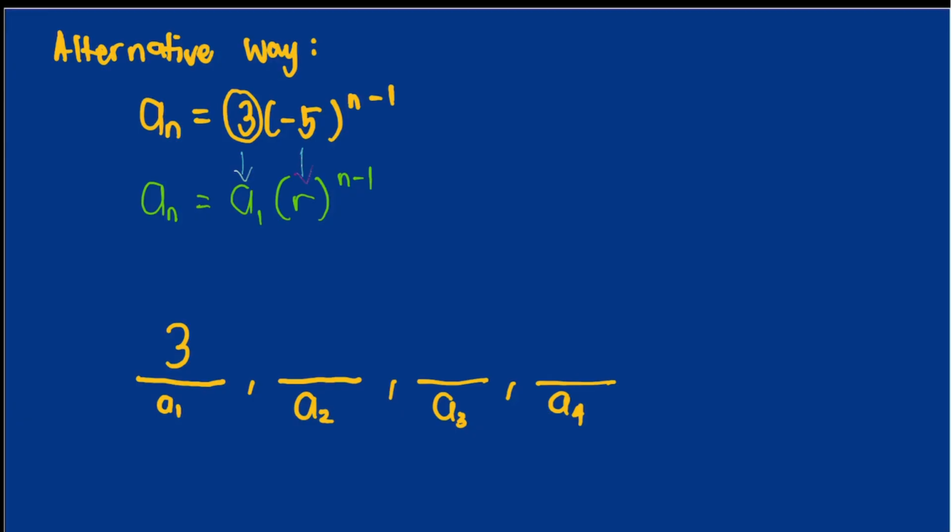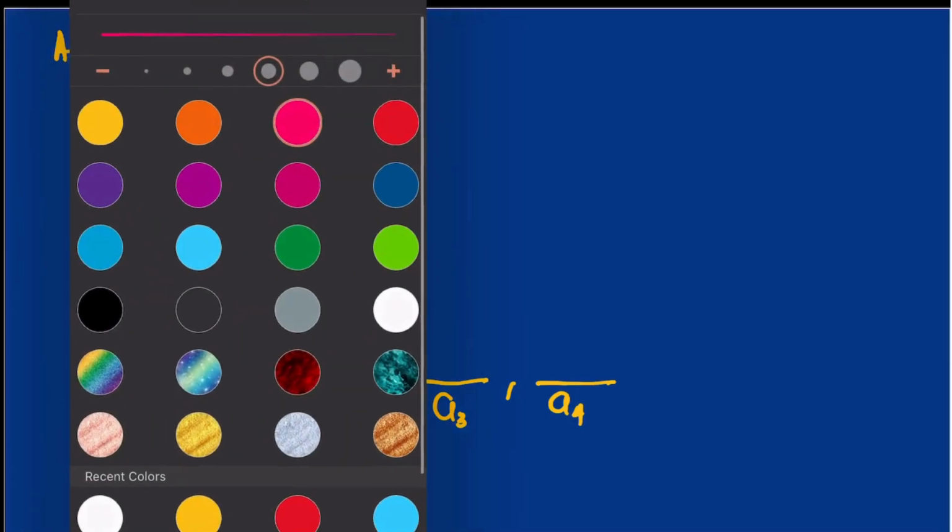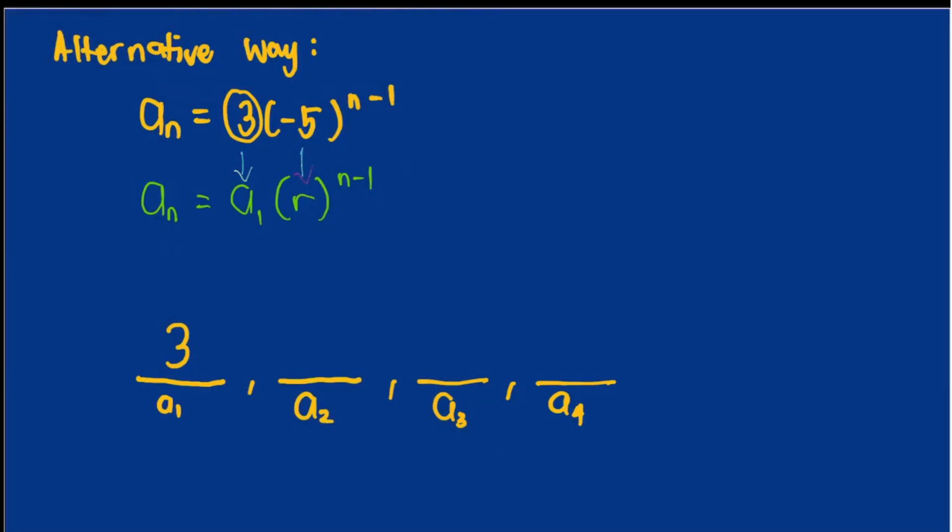Yung naunang term is 3, so magmumultiply tayo ng common ratio which is negative 5. So, what is 3 times negative 5? We have negative 15, which is similar doon sa nakuha natin kanina.